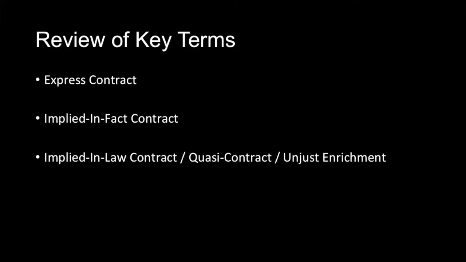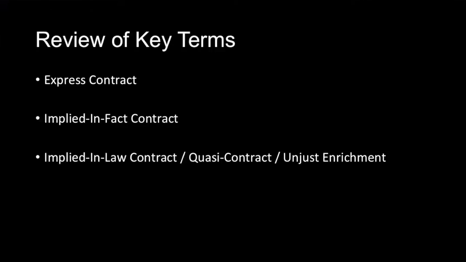And then number two, an implied in fact contract is a contract in which the agreement is inferred by the party's conduct. Ordering food at a restaurant or going for a doctor's appointment are often examples of implied in fact contracts. And then finally, a quasi-contract, or a contract implied in law, is not a true contract.